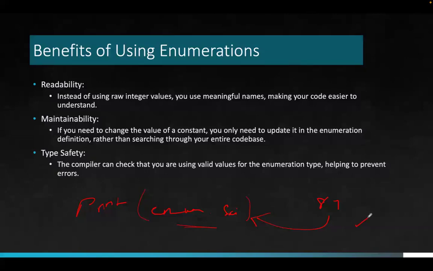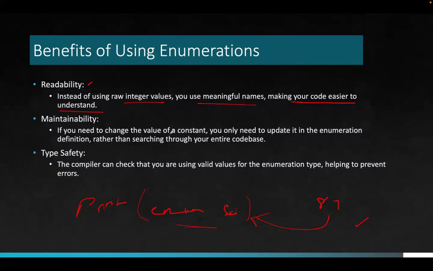Instead of storing every variable, if I want to store this in a struct or something, I need to use ID equal to 87, and you have to do that for every entity. Instead of that, you can use enum.